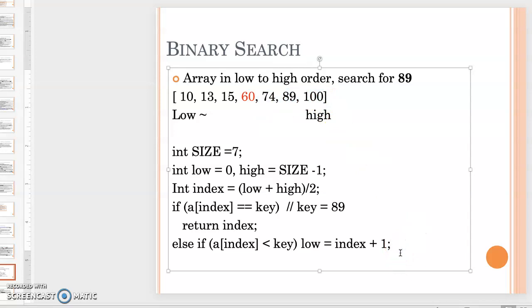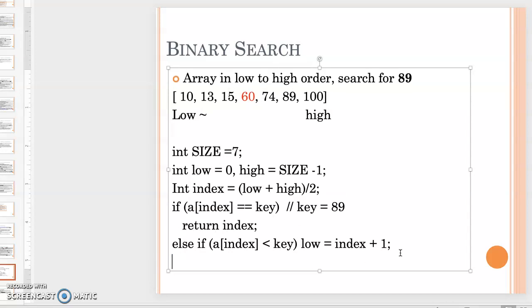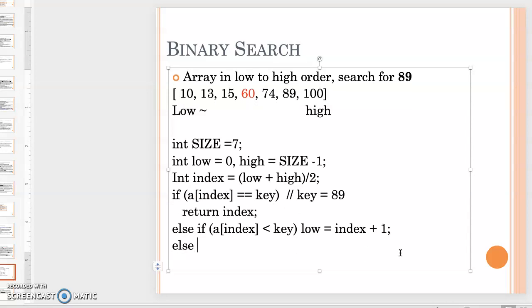On the other hand, else, that means the value is not smaller than and not equal, so we go this way. Here we change our high index: our high index is equal to the index minus 1. In this condition we need a while loop.